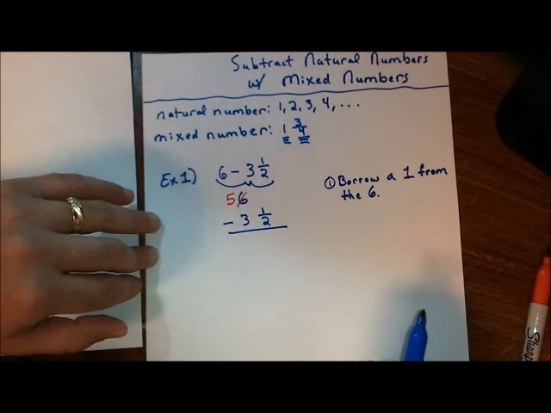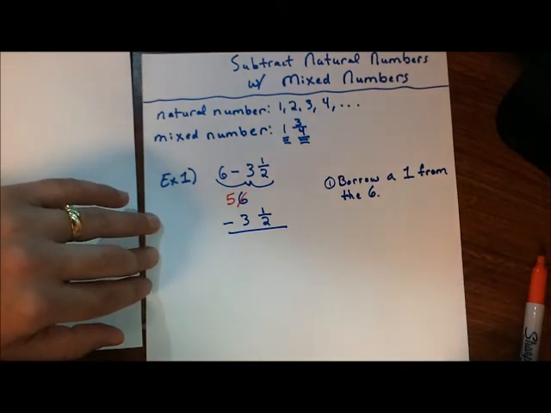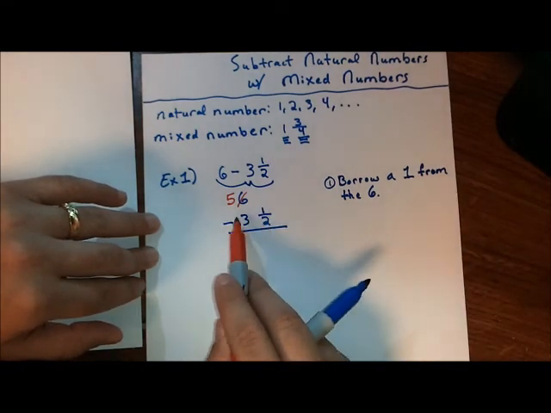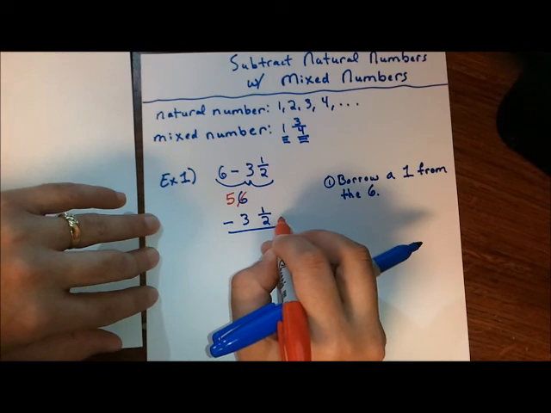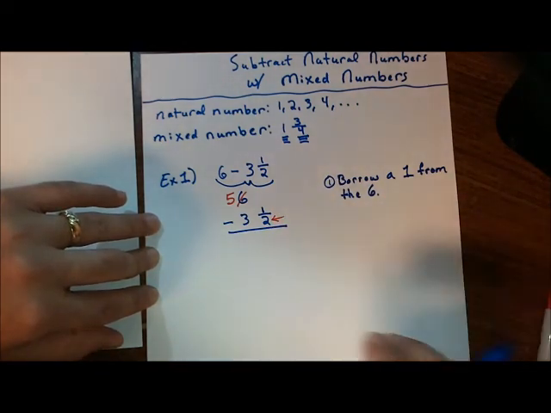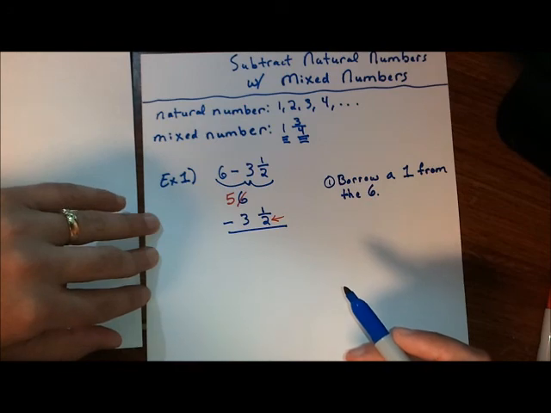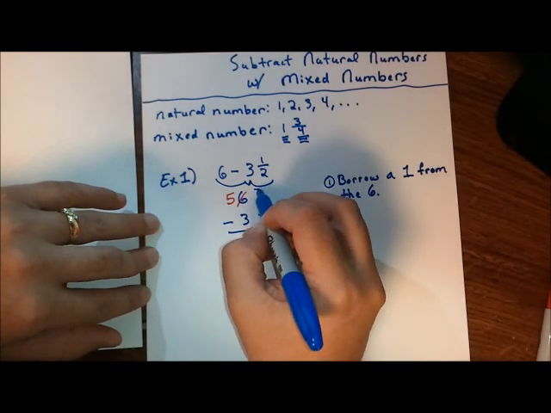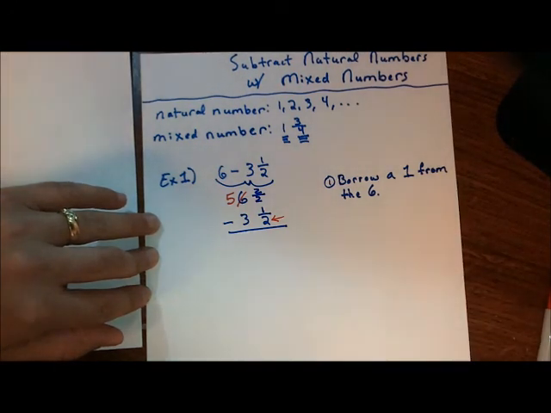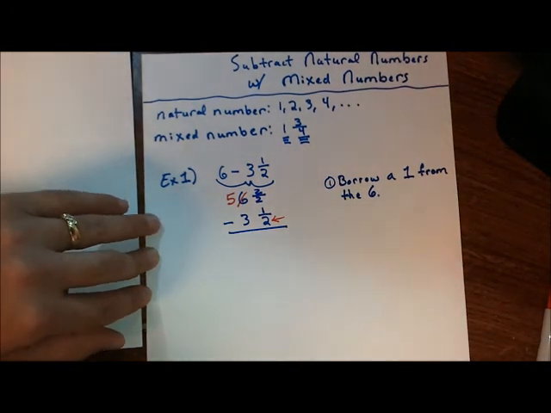So now that we've borrowed 1 from the 6, how do we know what fraction to use so we can subtract 1/2 from it? The simplest thing to do is look at the denominator for the mixed number. In this case, the denominator for the mixed number is 2. So our new fraction that we're going to create will be 2 over 2. I'll explain a little bit later why we chose 2 over 2.